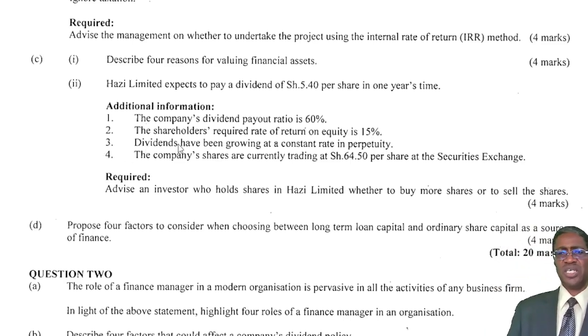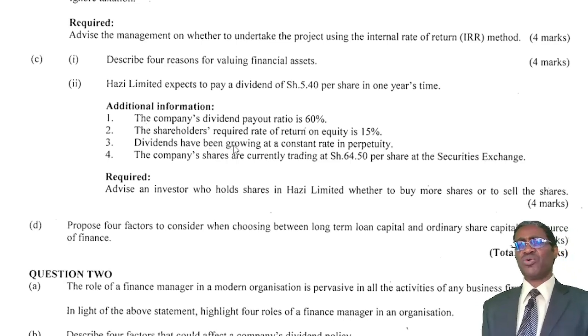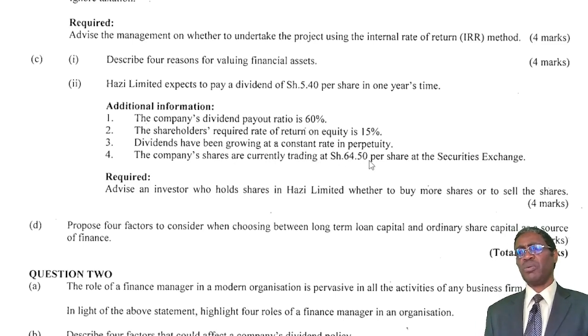Number 3. Dividends have been growing at a constant rate into perpetuity. Number 4. The company's shares are currently trading at 64.5 per share in the Securities Exchange. Required: advise the investor who holds shares in this company whether to buy more or to sell the shares.